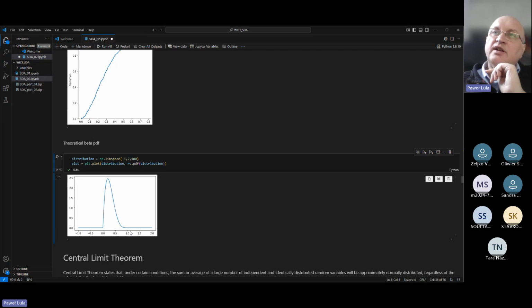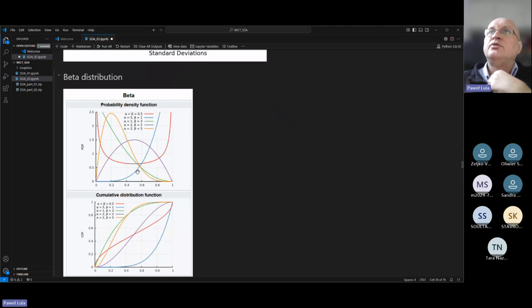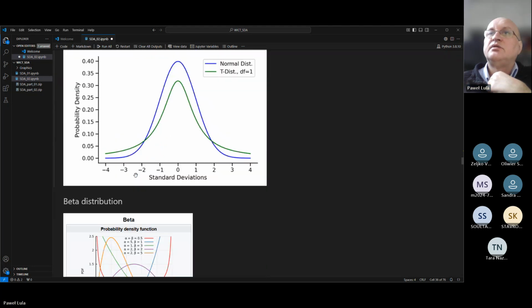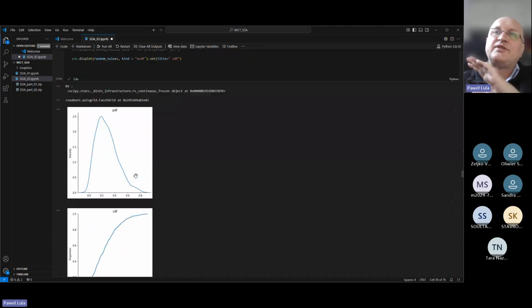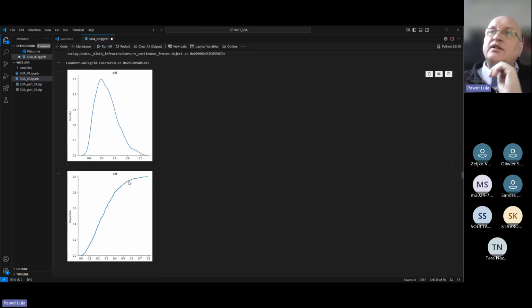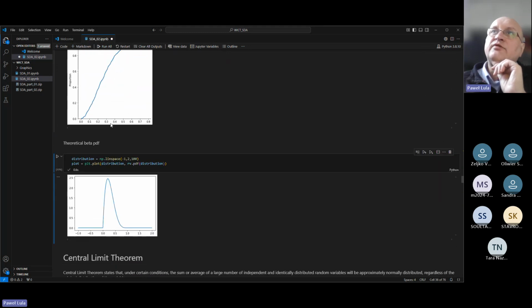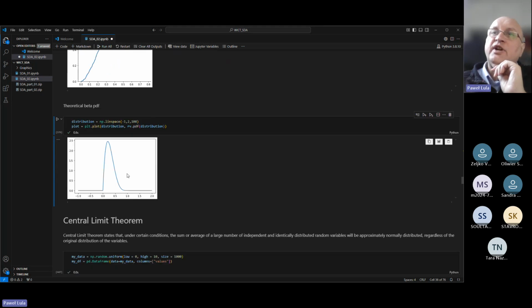Also, we see that these values were not calculated using this data set, but they were calculated using a very complex formula defining the probability density function and cumulative distribution function. So here we have empirical, here theoretical.